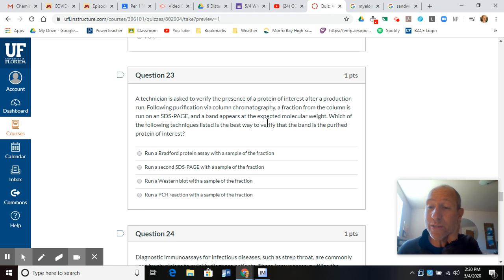Well, he could do ELISA to see if it's the right protein, because he could use an antibody that only sticks to that protein. And when ELISA is done on a gel, ELISA is called a Western blot. I know, I'm so sorry, but it just is. It's called a Western blot when ELISA is done on a gel instead of in a test tube. Yeah? Will you take my word for it? Okay.